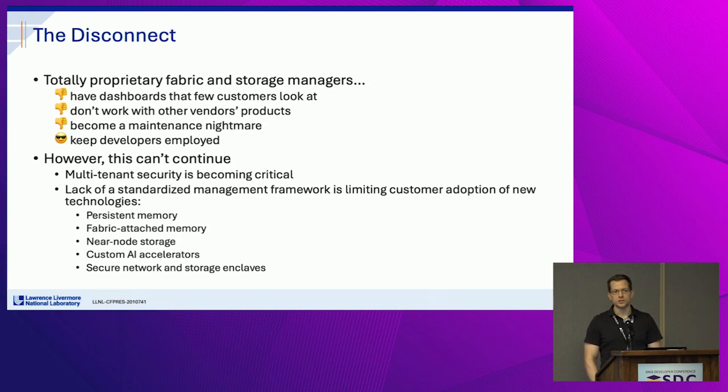We need to be extremely flexible, and so we're often a vanguard customer in adopting new technologies such as persistent memory, fabric attached memory, near node local storage, near node local flash. We have custom AI accelerators in our center from Cerebras and SambaNova. We're looking into others. And we want to start looking at secure network and compute enclaves and storage enclaves as well.